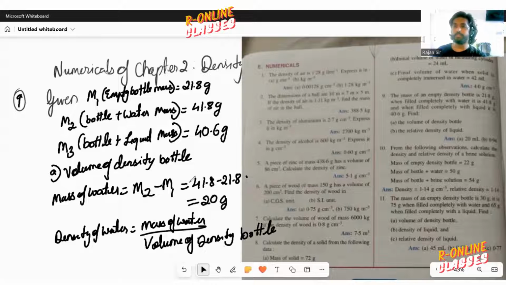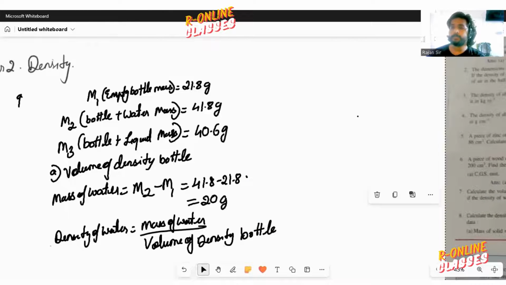Now we know the density of water is 1 gram per centimeter cube, which is equal to 20 upon volume.